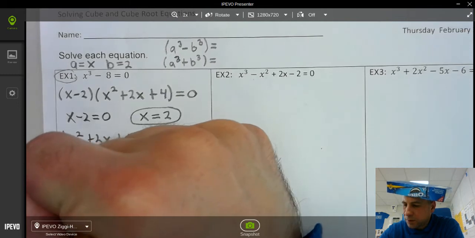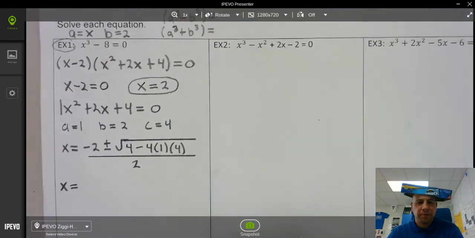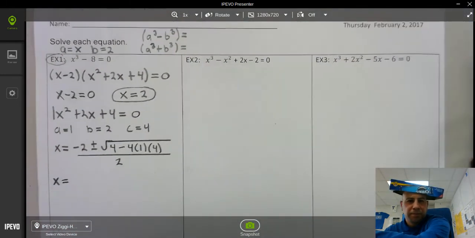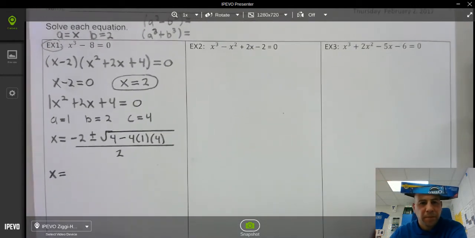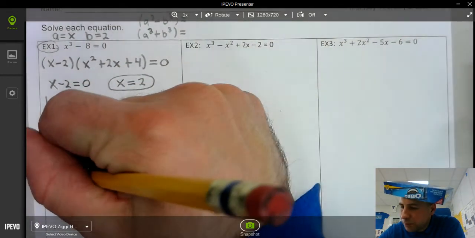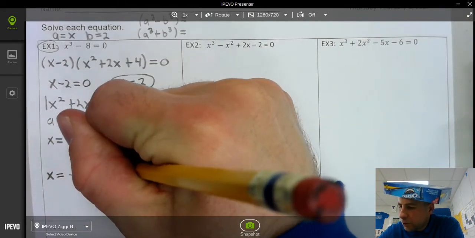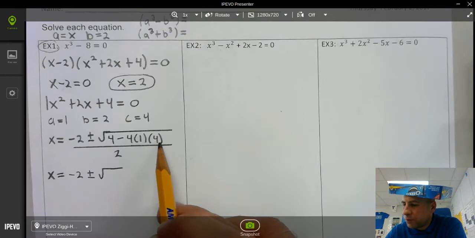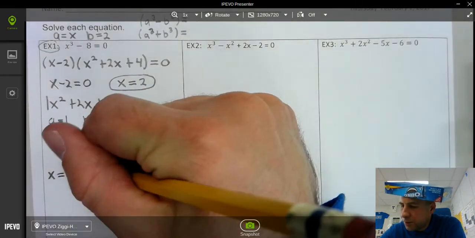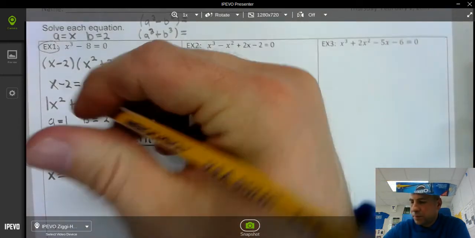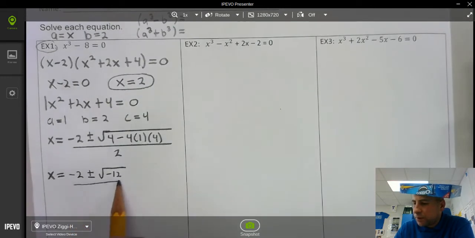So x equals negative 2 plus or minus the square root of 4 minus 4 times 1 times 4, which is negative 12, divided by 2.